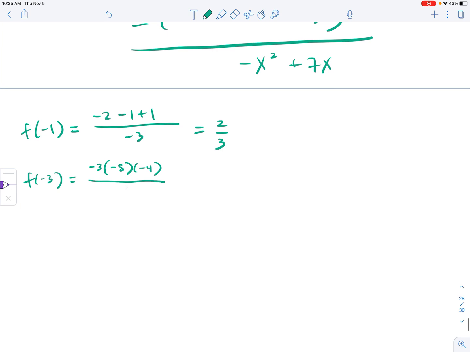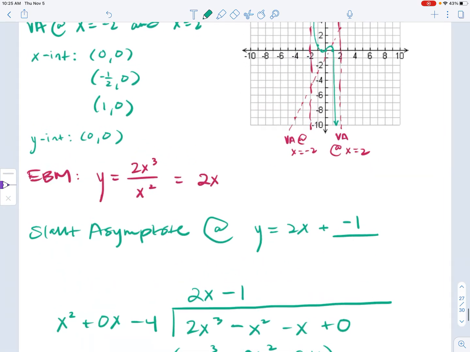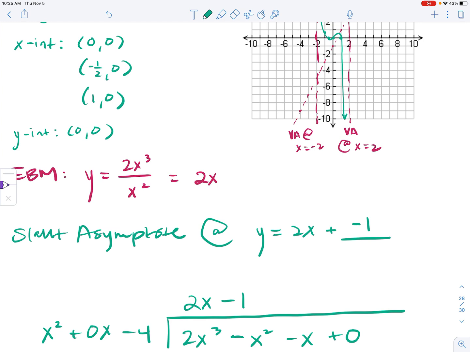If I plug in negative 3, the denominator will be 5. Okay, so that's 15 times negative 4, which would be negative 60 divided by 5, or negative 12. So down here, negative 3, negative 12.